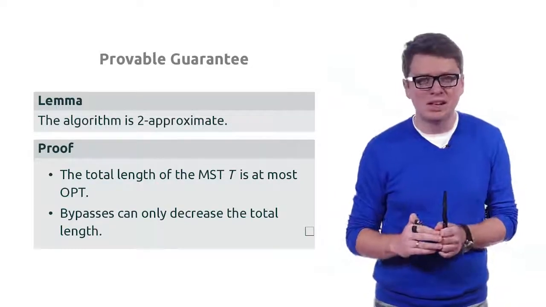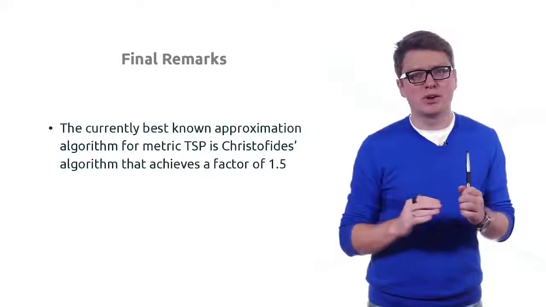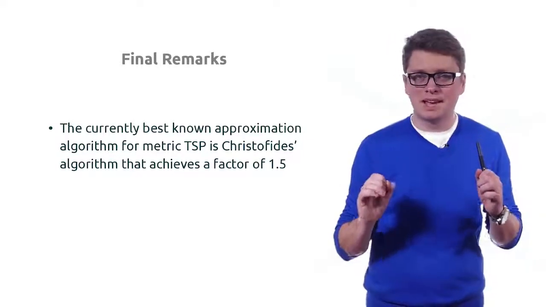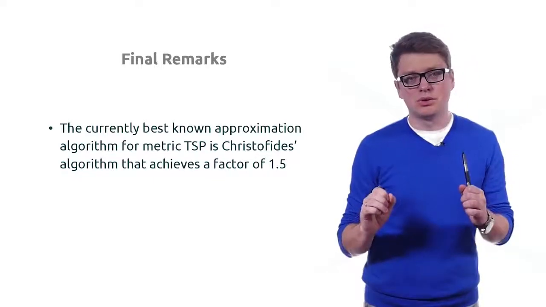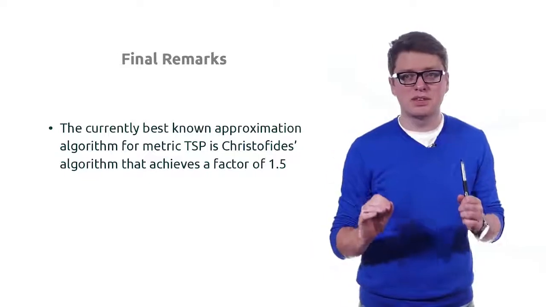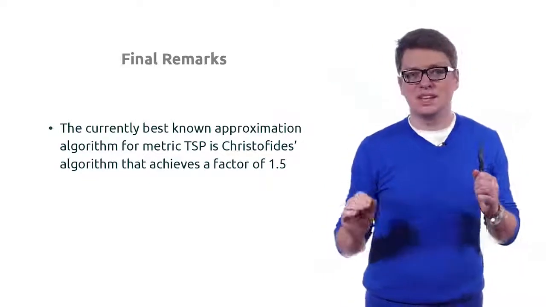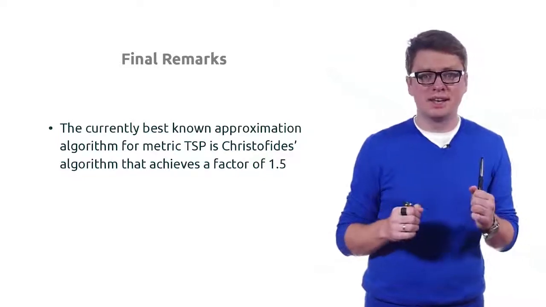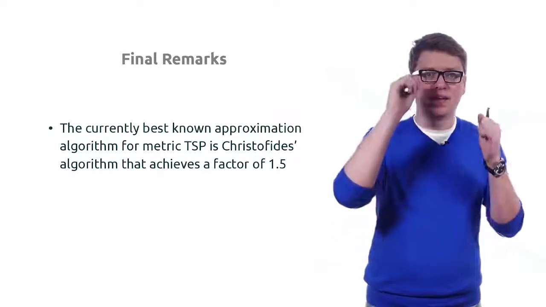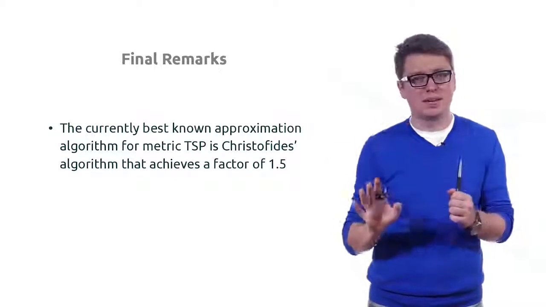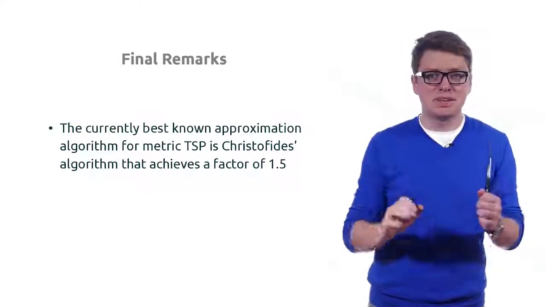Now, as a concluding remark, let me mention that this algorithm can be actually improved to give a guarantee of 1.5. This is known as Christofides' algorithm. In this algorithm, instead of doubling every edge, we find a perfect matching on vertices of odd degree in this tree, and then we repeat the same procedure.